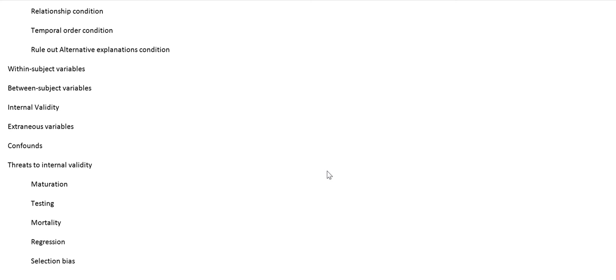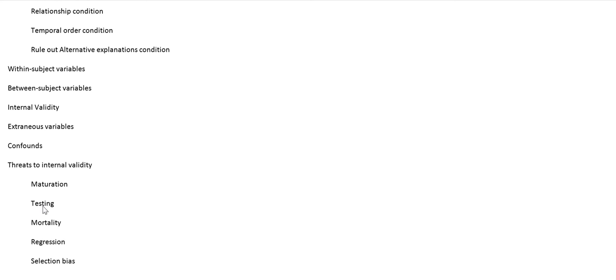Now, that really shouldn't be a problem if you use random assignment, because if you use random assignment, you're going to assume that there's going to be similar amounts of maturation across the two conditions. So this is really a major concern for single group experiments, and potentially for quasi-experimental designs where you might have differential rates of maturation across the two groups.